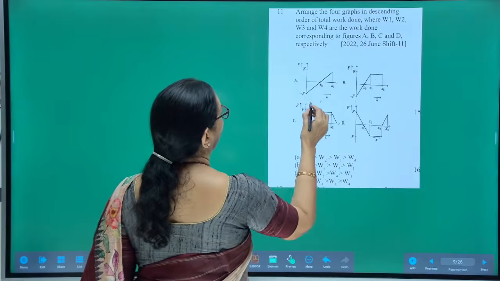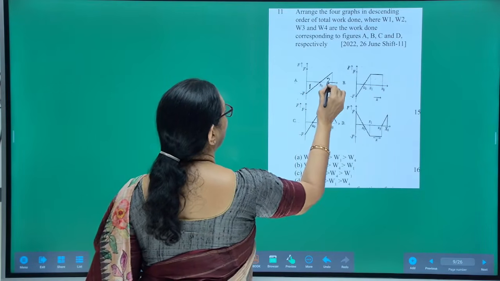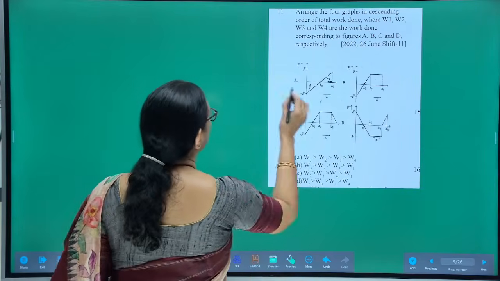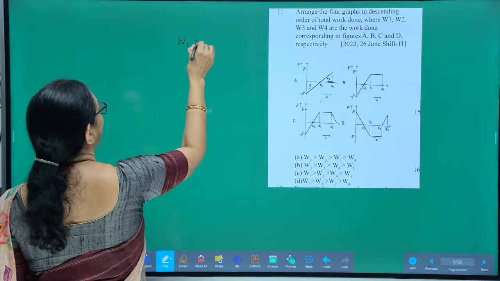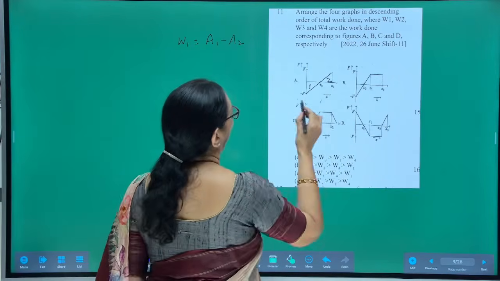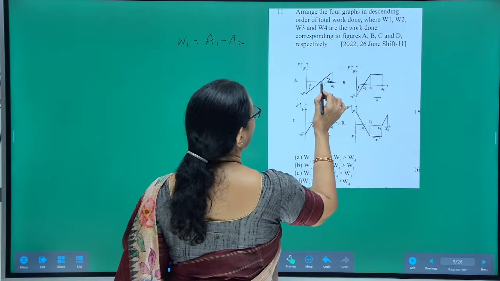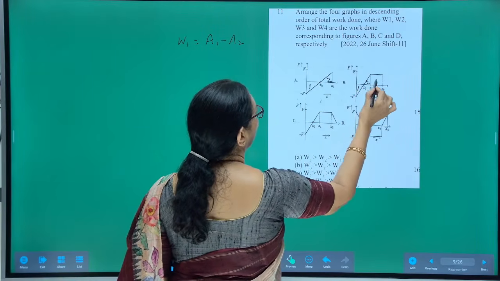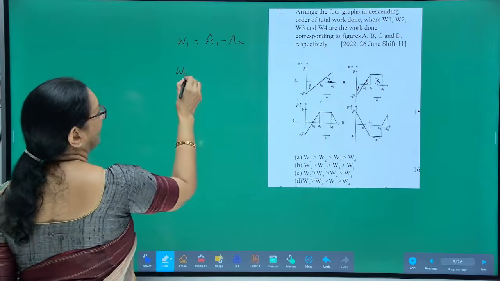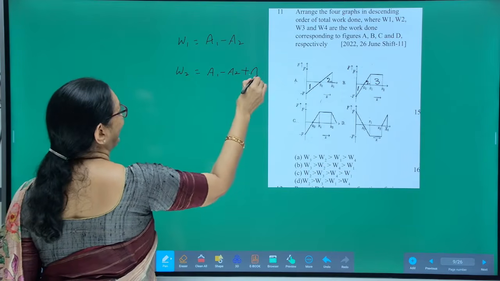In the first case, this triangle area is A1, this triangle area is A2. One is positive and the other one is negative. So, W1 is A1 minus A2, right. Here, if you see, this is exactly the same, this is A1, this is A2, this square area is A3. So, W2 is A1 minus A2 plus A3.